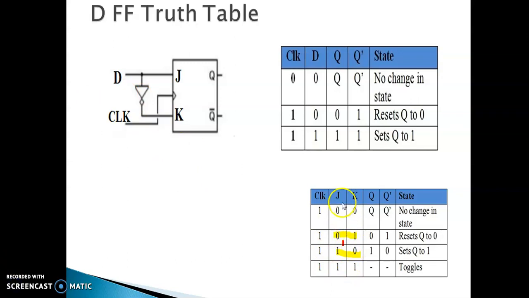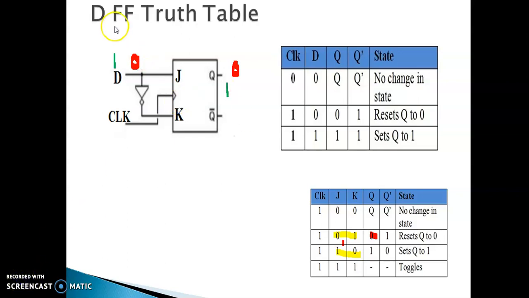Now in this, when J is 0, that means D equal to 0, the output is also 0. Now if you give D equal to 1, that means J equal to 1, the output Q is again 1.